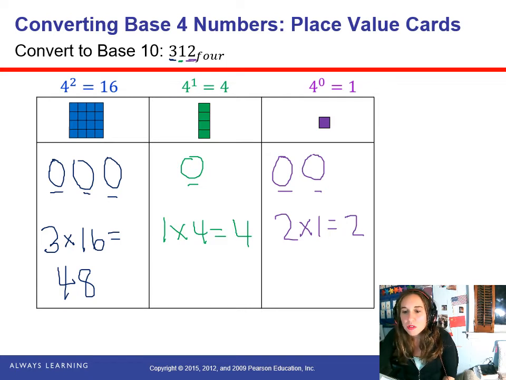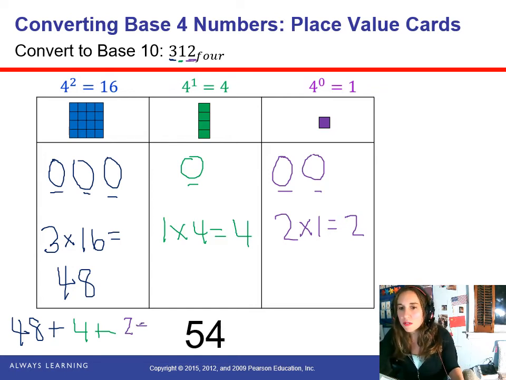Then if I add those all together, I have 48 plus 4 plus 2. That gives me my value of 54. That's a terrible equal sign. Make that a little bit nicer. Okay, so 312 in base 4 has a value of 54 in base 10, right?